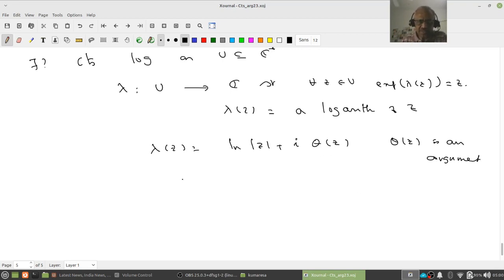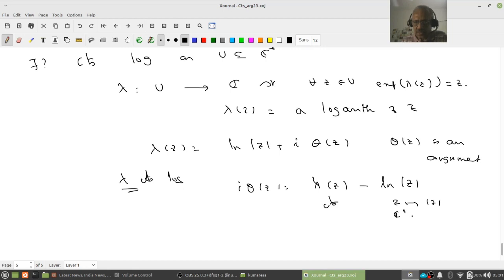Now something very interesting. Suppose lambda is a continuous logarithm. Then i theta of z is lambda of z minus ln of mod z. The map z going to ln of mod z is continuous from C star to R, and lambda is a logarithm.